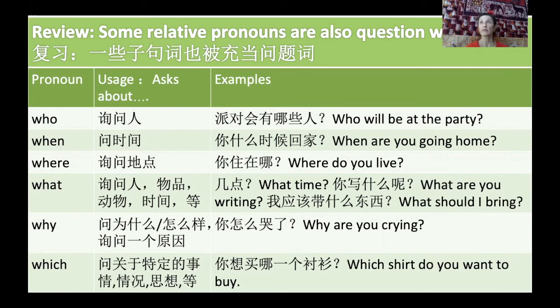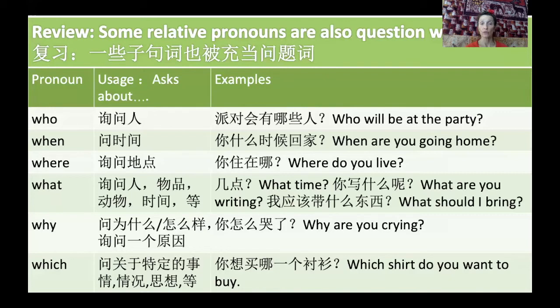Why is asking about 为什么 is the equivalent, or 怎么样询问一个原因 so it's inquiring about a reason.